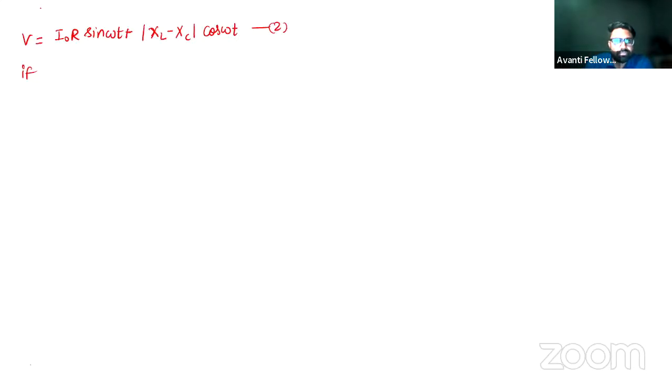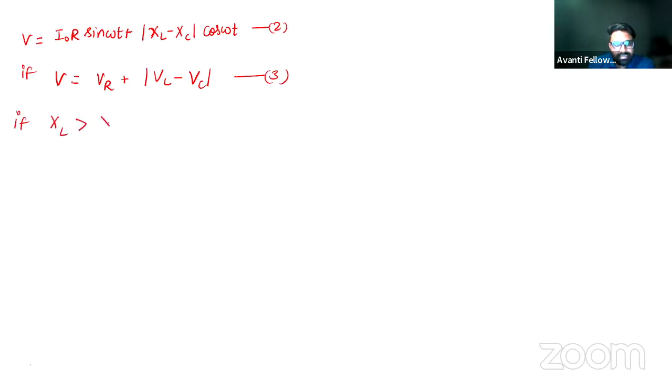Now V is equal to VR plus VL minus VC. So whichever is greater, that will decide how the circuit will behave.